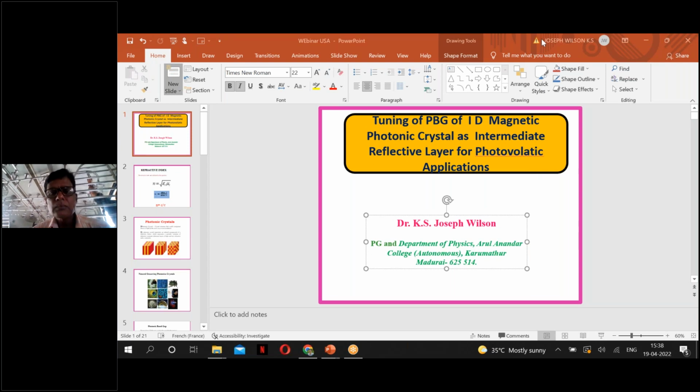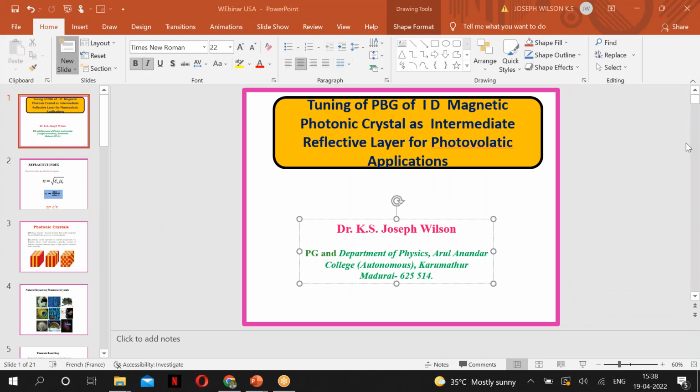One minute. The slideshow bar is on the left side of the upper toolbar. You can see insert, draw, design, animation, slideshow in the orange color part.